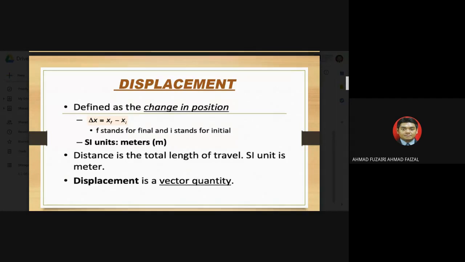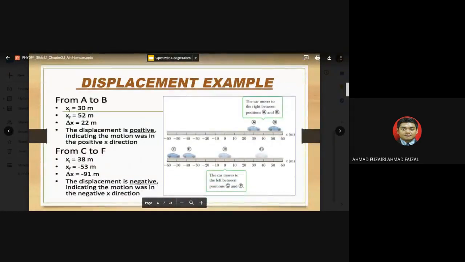The definition of displacement is the change in position. When you mention a change in position, that means the final point minus the initial point, regardless of the total distance between the points. We minus the final position from the initial position. The SI unit for displacement is meter, and this is a vector quantity.